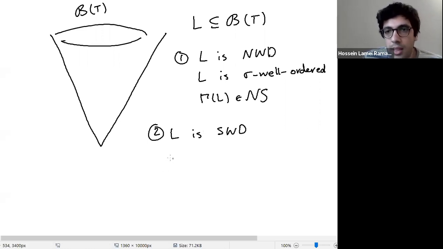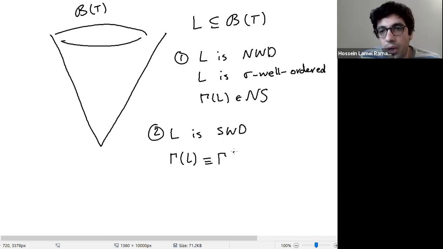So because gamma of T was stationary and BT was embedding into L, this means that gamma of L is just equivalent to gamma of BT, and gamma of BT or gamma of T is stationary.